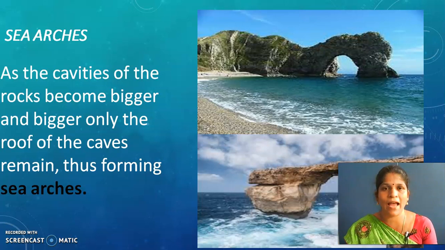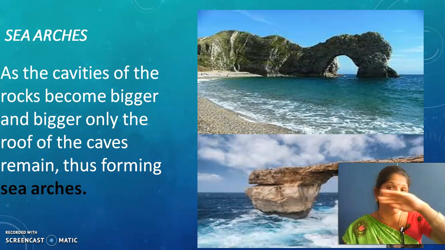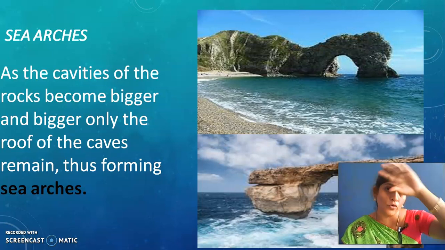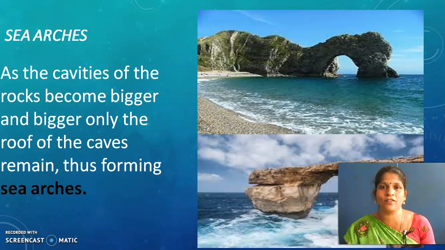So at that time, what happened? Both the places, this end and this end, are removed. So what is present? Only a big hollow. That place looks like an arch, because only the upper surface, that means the roof of the rock, remains because of the sea waves.